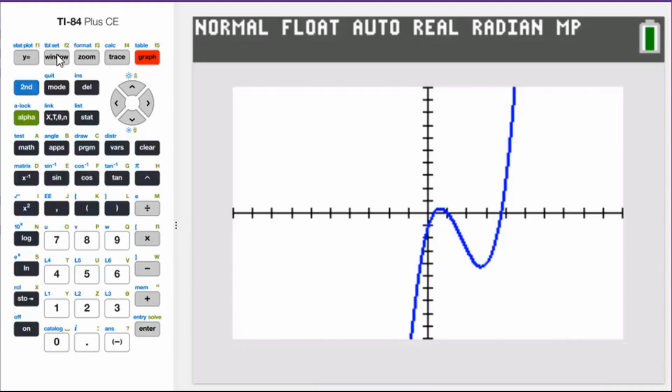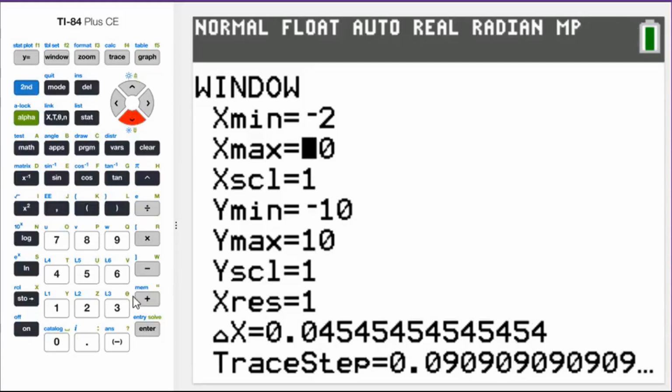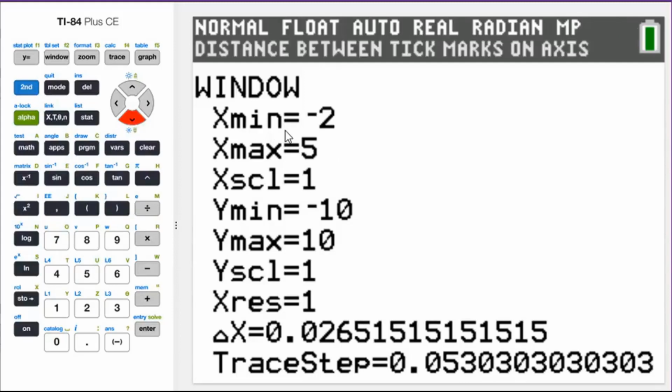Now I change the window. Minimum, let's just go to -2. Maximum, I want to do 5. If your x minimum and maximum is less than 10, or it's between like 0 to 10, then your scale is still 1.